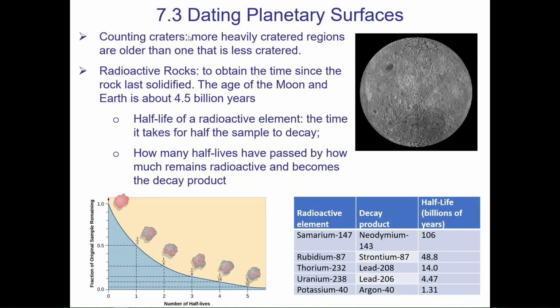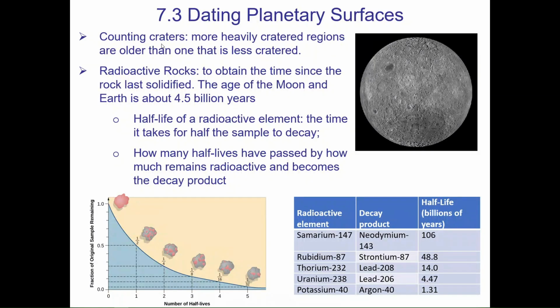And the easier one, although it might not be that precise, is counting craters. The reason why counting craters can provide an idea of how old the surface is, is that we believe the heavy bombardment period happened at the early stage, right after the planets formed.